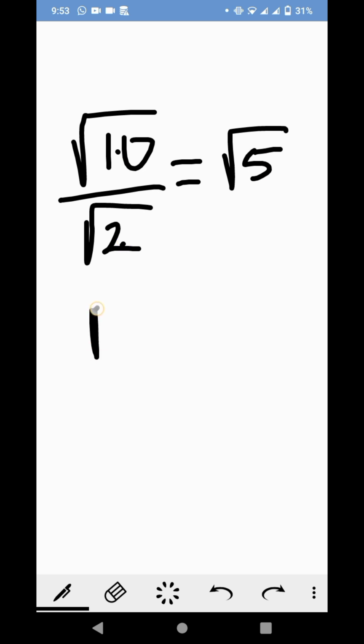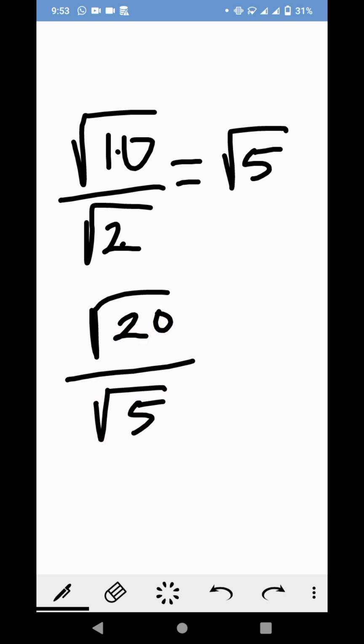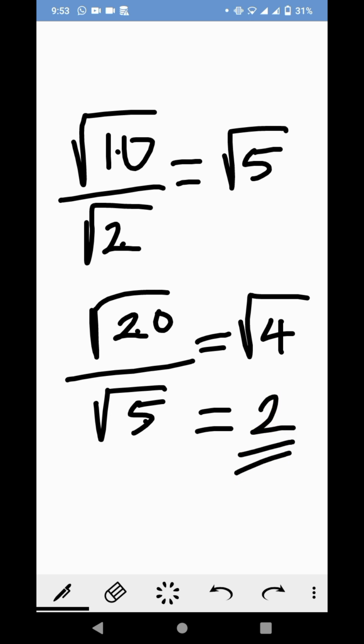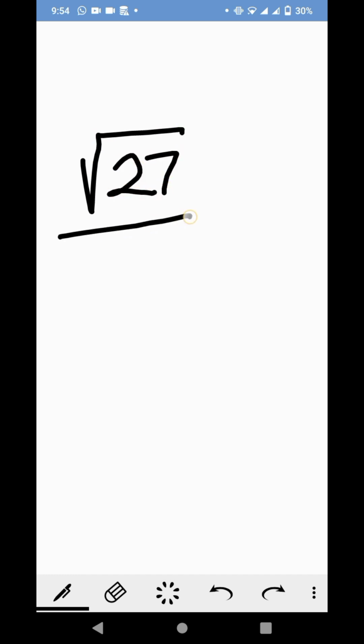Root 20 divided by root 5 will give you 5 going into 20 will give us 4. That's root 4. And root 4 is the same thing as 2. So unlike surds can be divided. Another example can be root 27 divided by root 3.